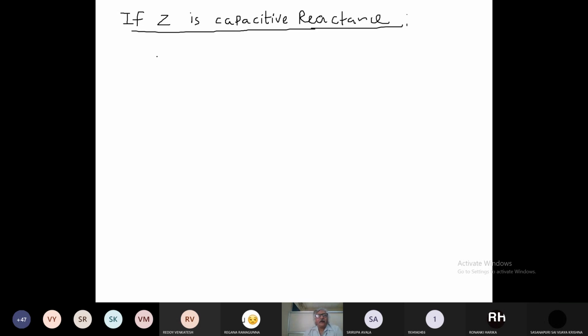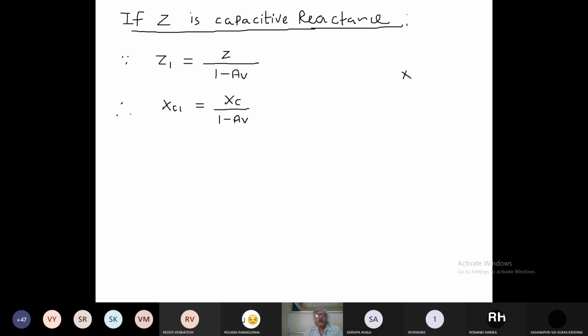we have written that since Z1 is equal to Z by 1 minus AB, therefore you can express this Z1 as XC1 is equal to XC by 1 minus AB, right?